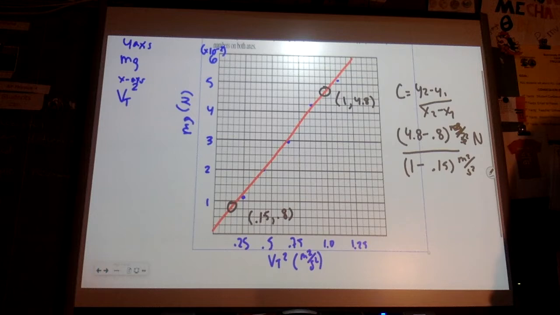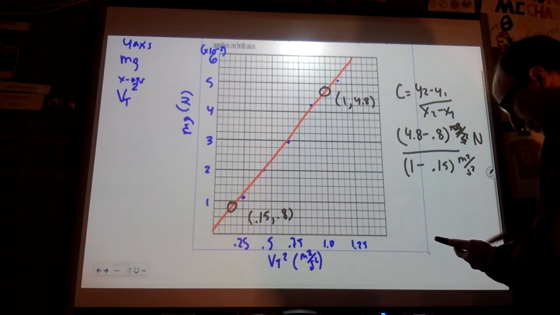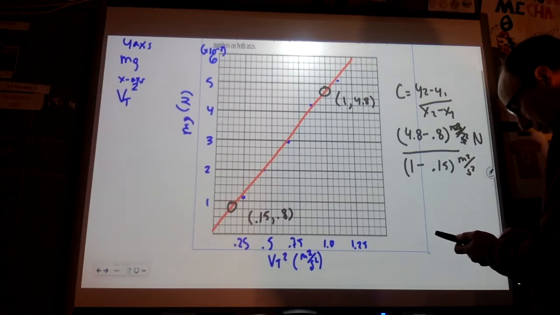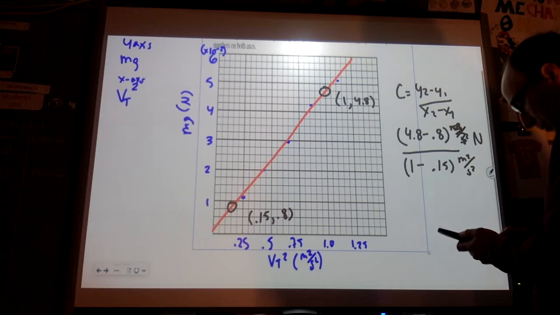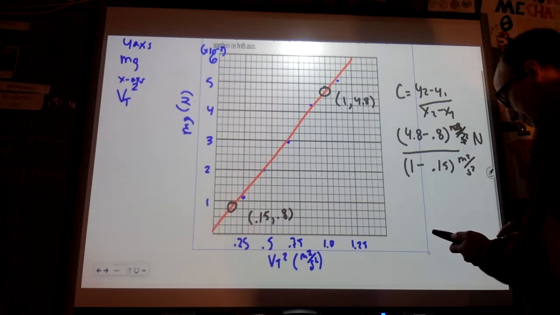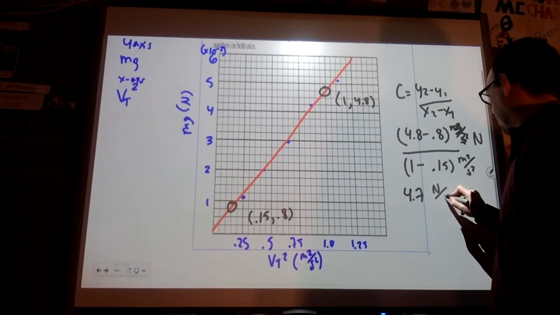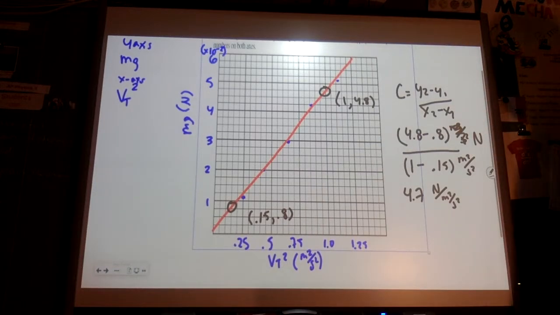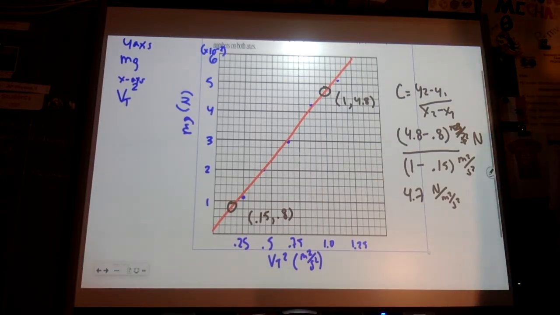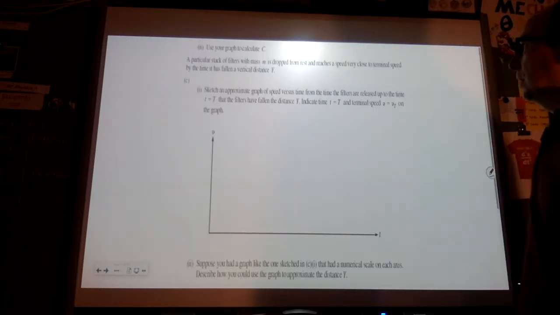All right, I have a calculator next to me. So I got 4.7 newtons over meter squared second squared, which I'm sure that we could simplify the units of, but I'm not that interested in that.